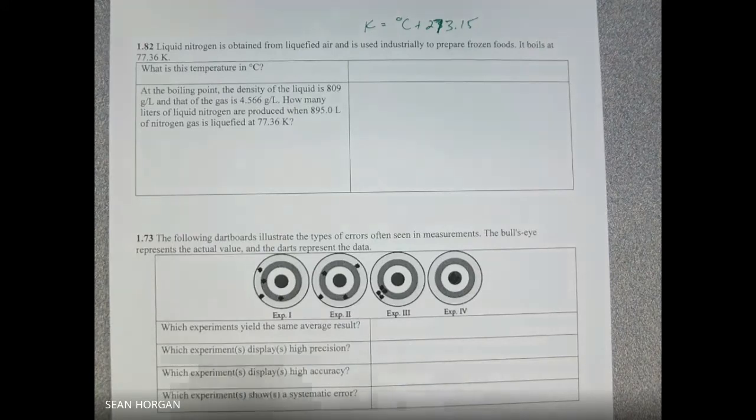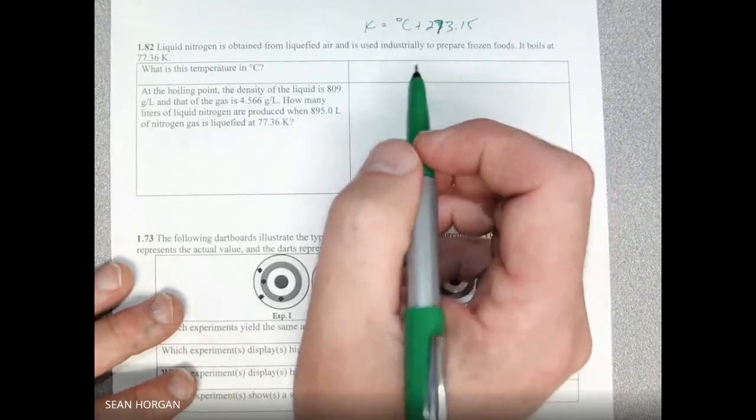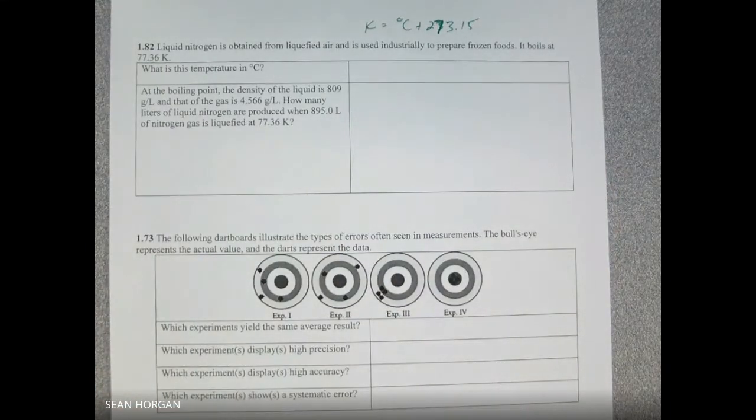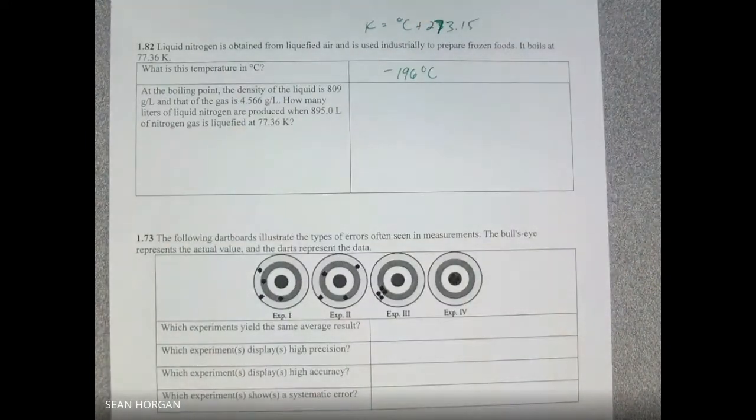Kelvin is based off Celsius, and Celsius is based on the boiling and freezing points of water. The point of Kelvin is that we never get a negative number. So if I gave you 77.36 Kelvin, we insert it in this equation, and I already worked everything out: it is negative 196 degrees Celsius.